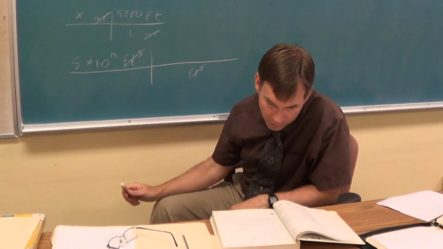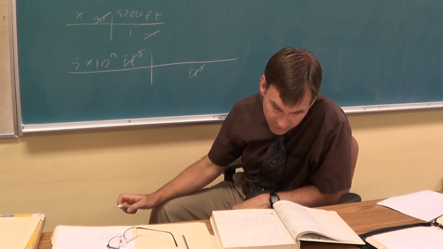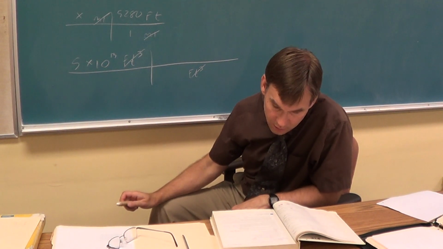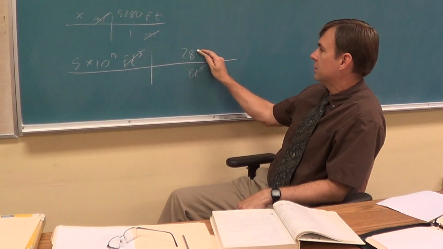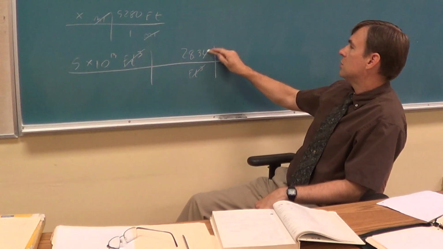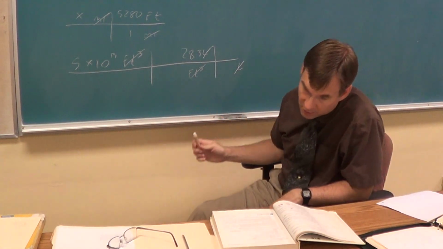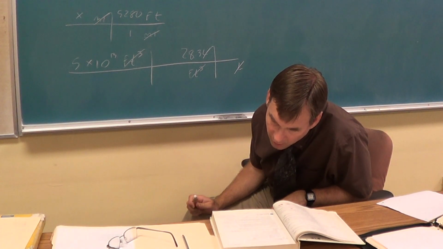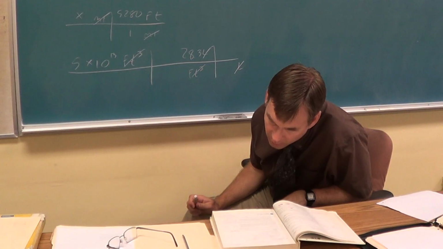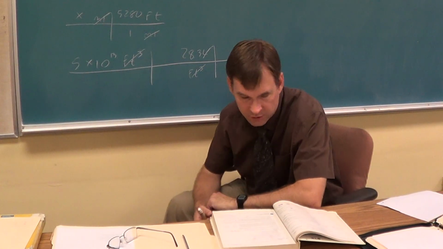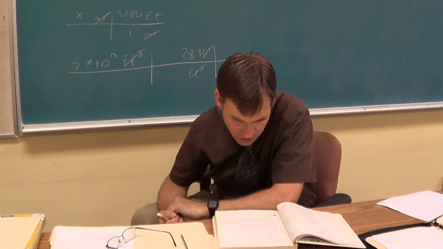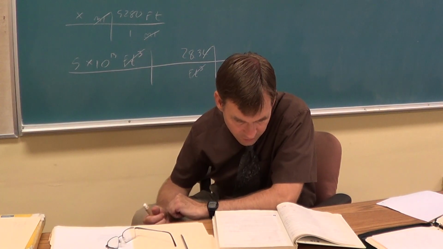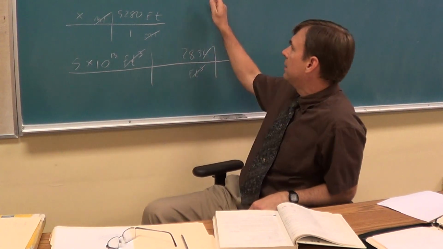What do they give you for B to convert away from feet cubed? 28.3 liters. But then they also let you convert away from liters with that 917.